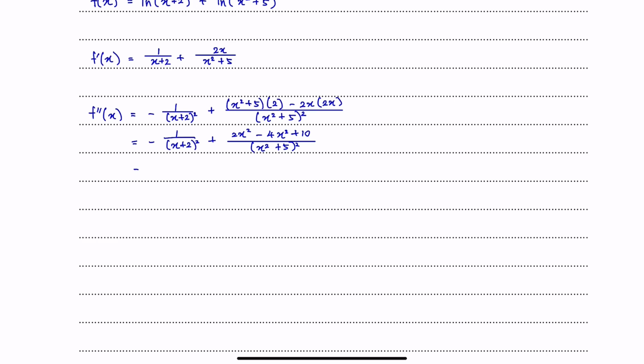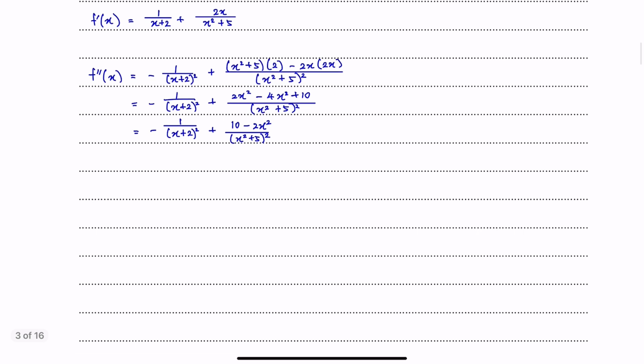And we will get, this is the same thing, negative 1 over (x plus 2) squared plus (10 minus 2x squared) over (x squared plus 5) squared.